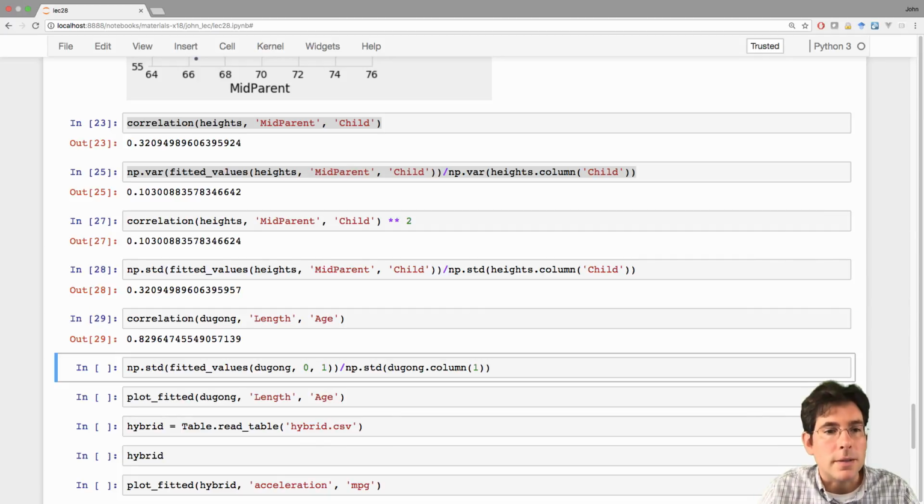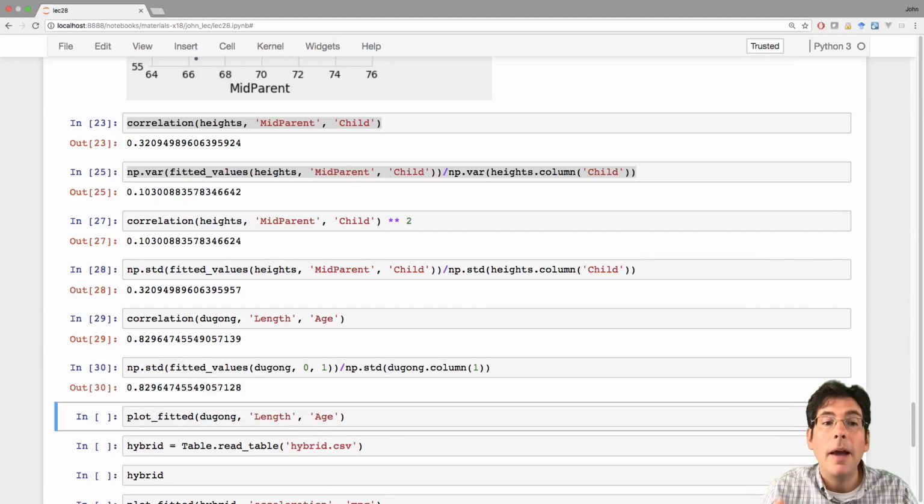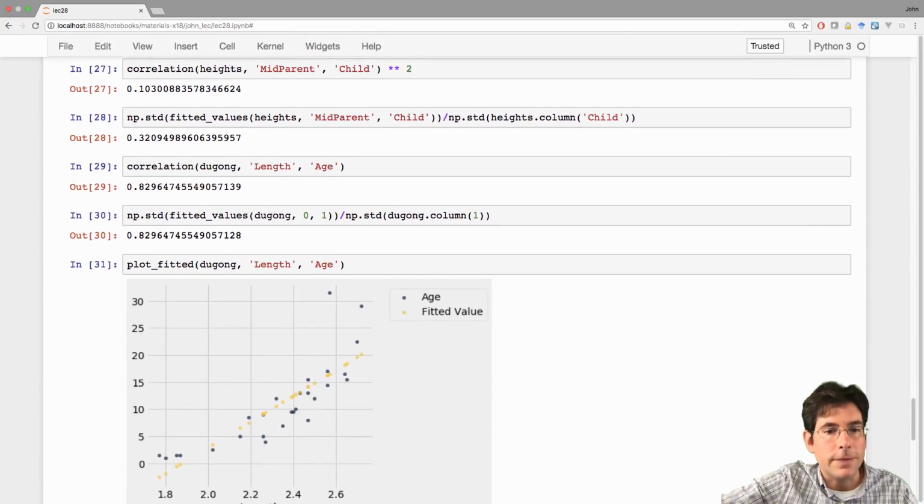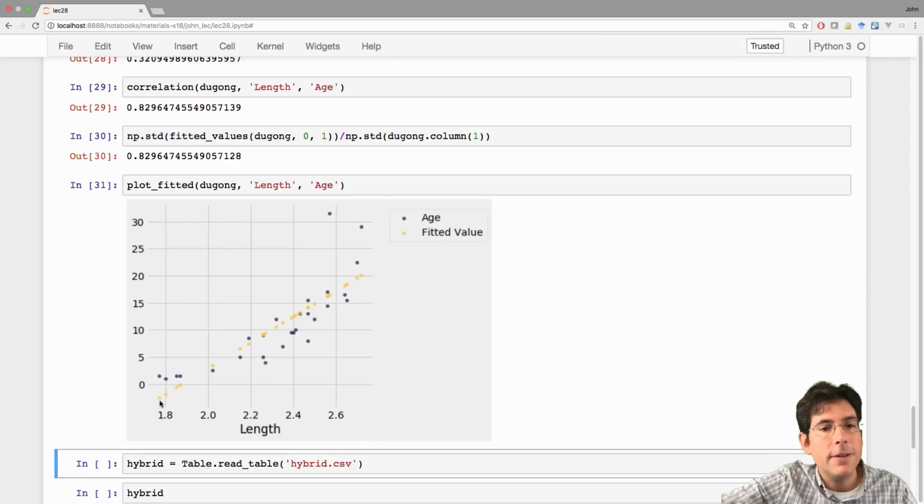What about dugongs? That was a nonlinear association, and yet the ratio still holds true. When you look at the fitted values, we see that even though the association is not entirely linear, most of the spread in the blue values, which goes all the way from close to 0 to above 30, is described by the spread in the yellow values, which goes from below 0 to above 20.